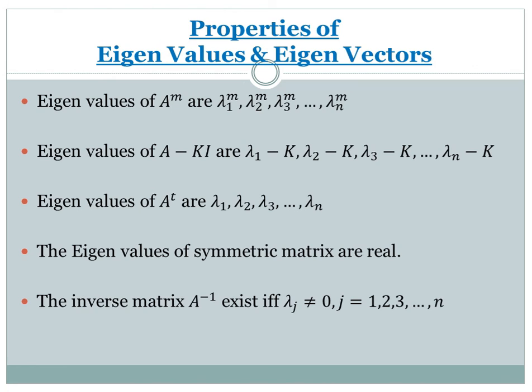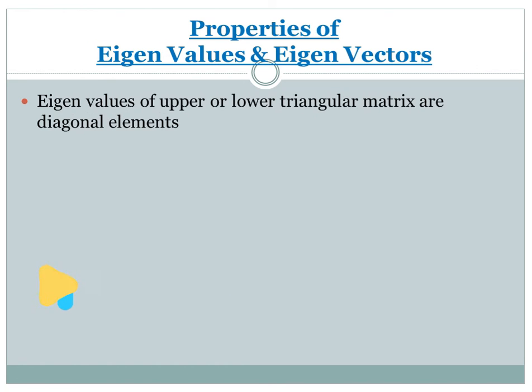Then the inverse matrix exists if and only if lambda j is not equal to 0 for j equal to 1, 2, 3 up to n. The next property: eigenvalues of upper or lower triangular matrices are nothing but the diagonal elements. This is an important point.